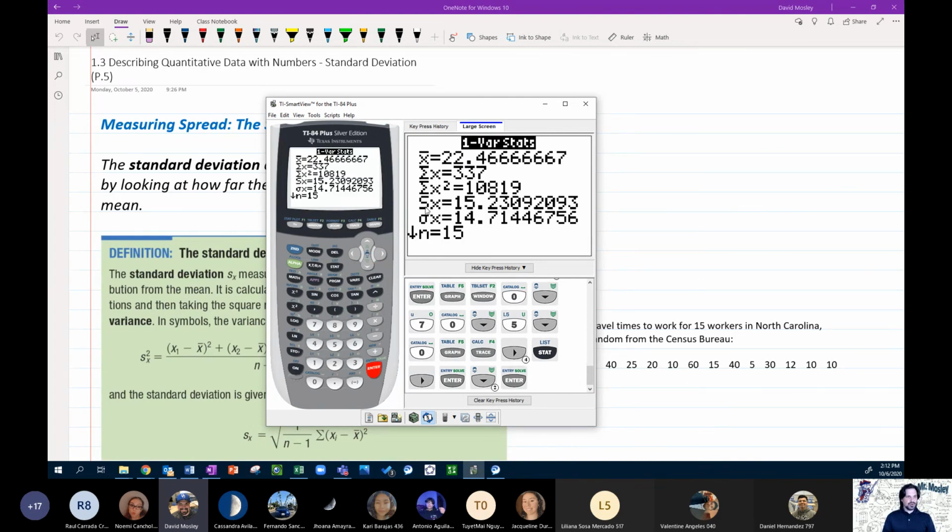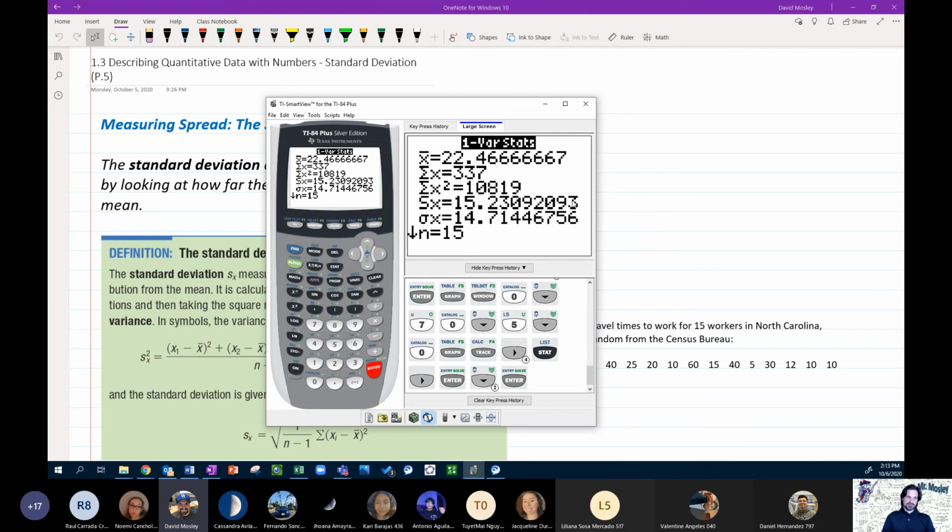The fourth row here, Sx equals 15.23092093, is the standard deviation. This one right here, S sub x. The one underneath it is also a standard deviation, but that is the standard deviation for a population. The S sub x is the standard deviation for the sample, which is the one we will be using.